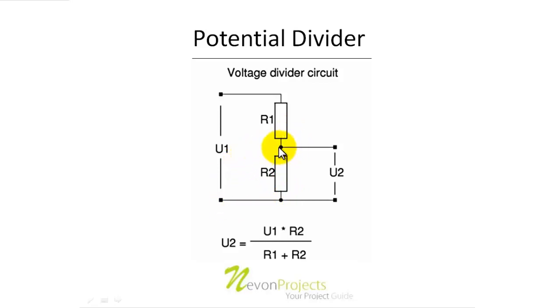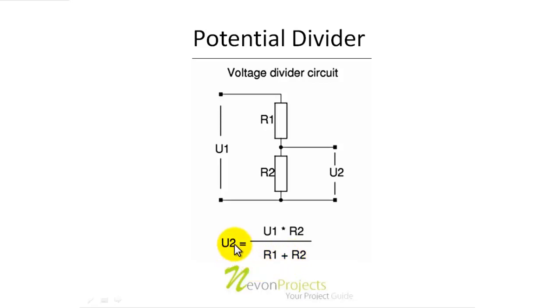So what we get between R1 and R2 is the divided potential, and how to calculate this potential is very easy. We can use this simple formula: U2, that is the potential across R2, is equal to U1, that is the potential across R1 and ground, times the resistance we are measuring across, that is R2, upon the addition of both the resistors, R1 and R2.